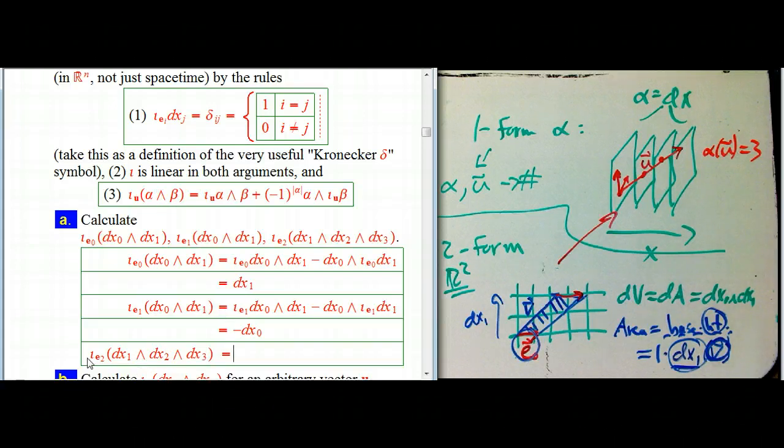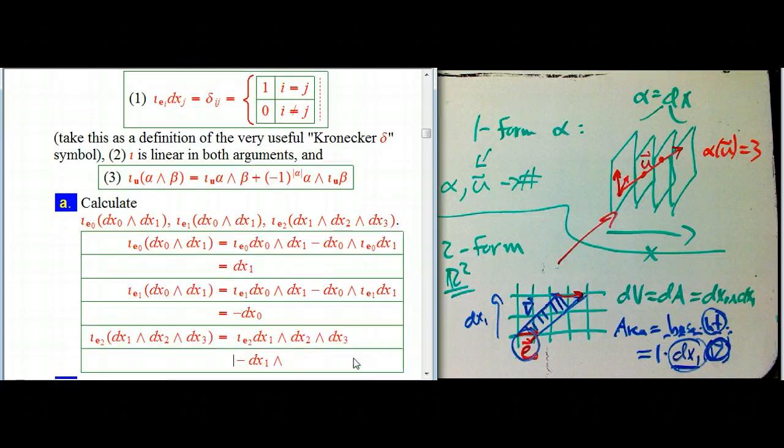So that's going to be i e2 of dx1 wedge the rest of it, plus or minus. Well, it's a minus because this is a 1-form, and I'm switching the i e2 past a 1-form. So minus dx1 wedge the i e2 of the rest. Oh, now that's also a wedge, so I'm going to have to expand that out.